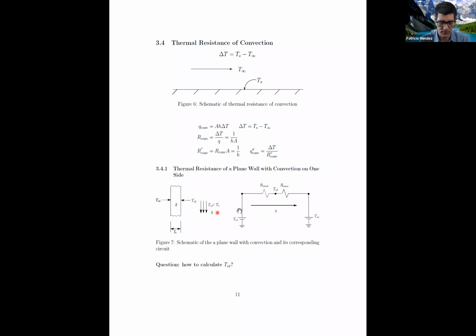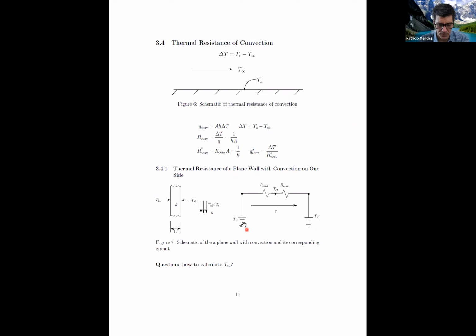Okay, so let's say we have a wall that is at temperature Ts1 on one side. I'm imposing this temperature just for the sake of making this problem simpler. And outside, I have T infinity, the temperature of my fluid. Let's say I know the temperature of the fluid outside, and I don't know the temperature of this surface of the wall. So how do I calculate the heat flux?